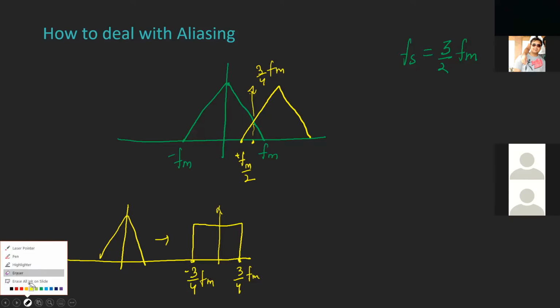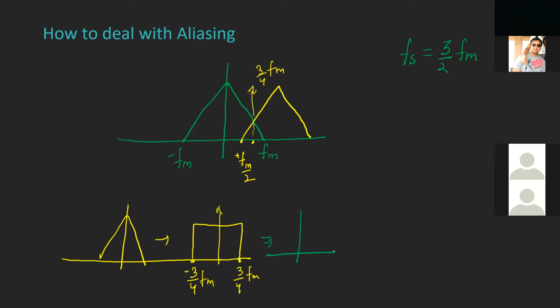Okay, let's continue with this. Let's see whether we can minimize the impact of aliasing. Let's say I pass it through a low pass filter once. In that case, the spectrum will look something like this: 3 by 4 fm, minus 3 by 4 fm. And after sampling, there will be multiple repetitions of this.